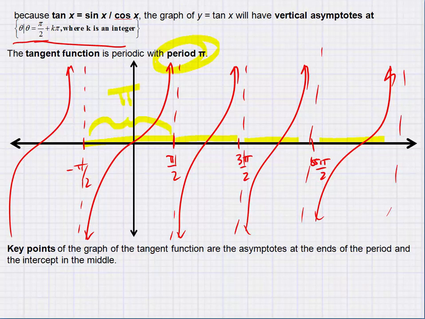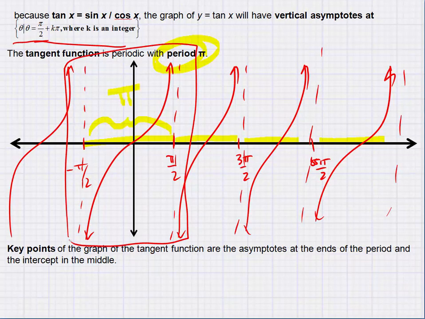Now, if we only want to look at one period, most of the time we'll just look at this particular period right here. But this is my graph. Key points. Your graph has 3 key points. Remember, the sine and cosine had 5 key points. These graphs only have 3 key points. They have your intercepts, which are in between each one of those vertical asymptotes. So there's one x-intercept, and then there's your vertical asymptotes.